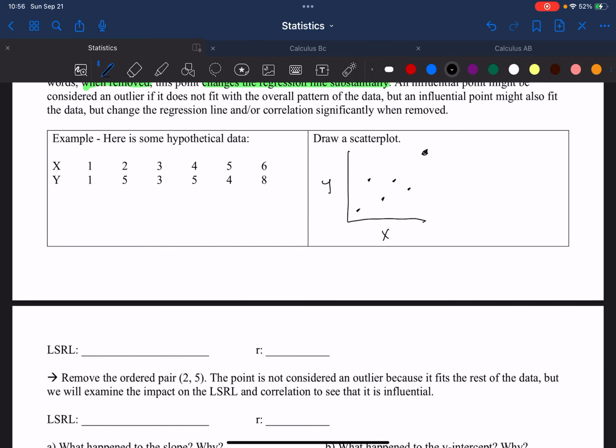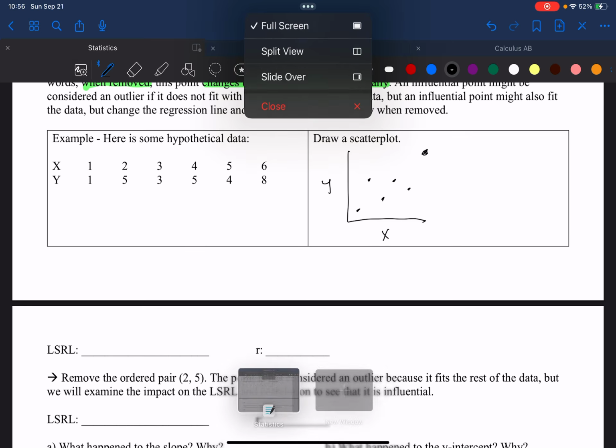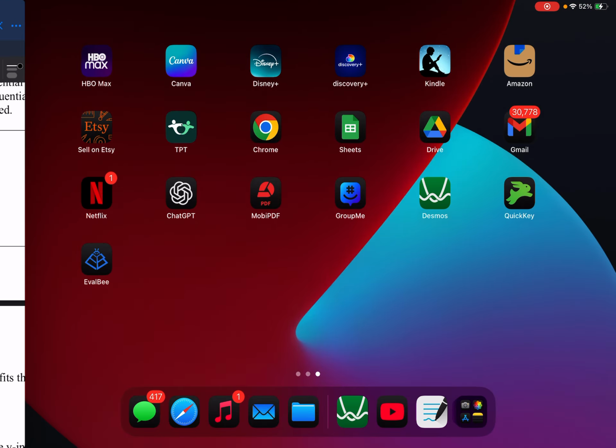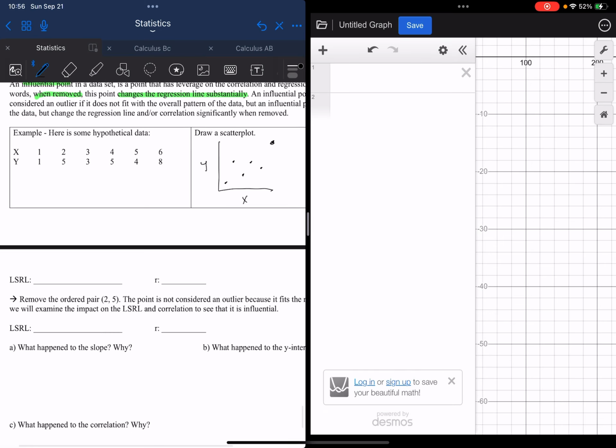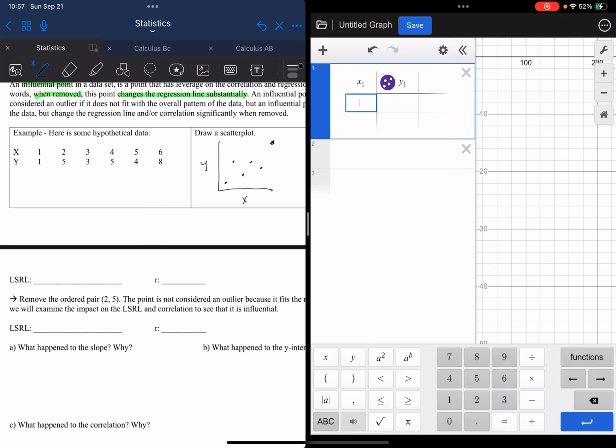So for this one, if we were asked to find the regression line and find R, you could do it by hand, of course, or just use Desmos. And so we're going to go ahead and open up Desmos. Okay, and I am going to type in my hypothetical data by adding a table and then typing in all of my x's.